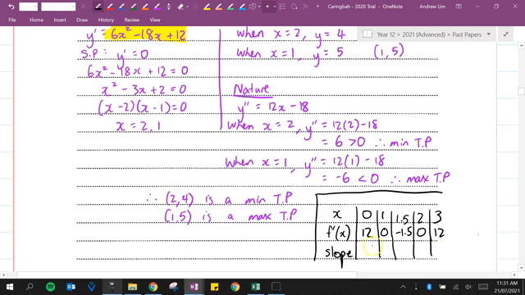So we can see from here it's sloping up, then horizontal gradient, sloping down, horizontal gradient, sloping up. And so we can see when x is 1, it's a maximum turning point, and when x is 2, it's a minimum turning point. So (2, 4) is a minimum turning point. It's up to you which method you want to choose.